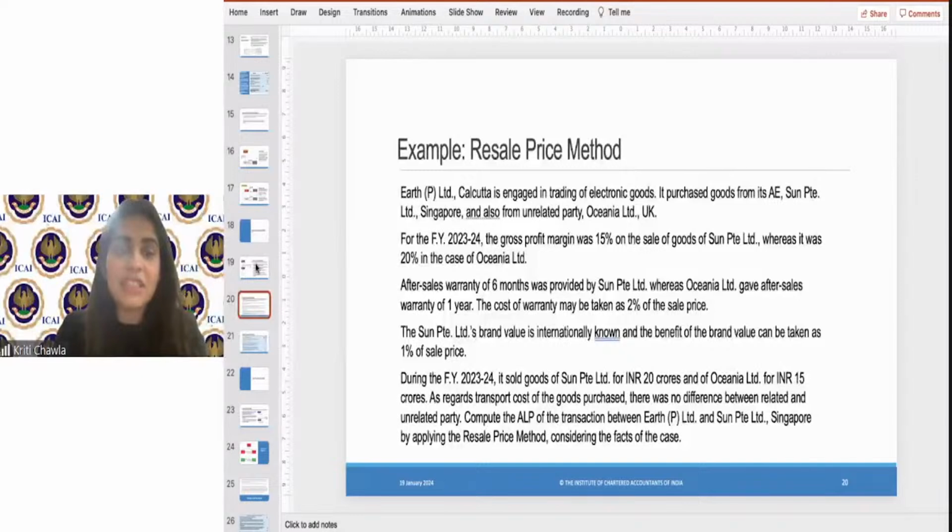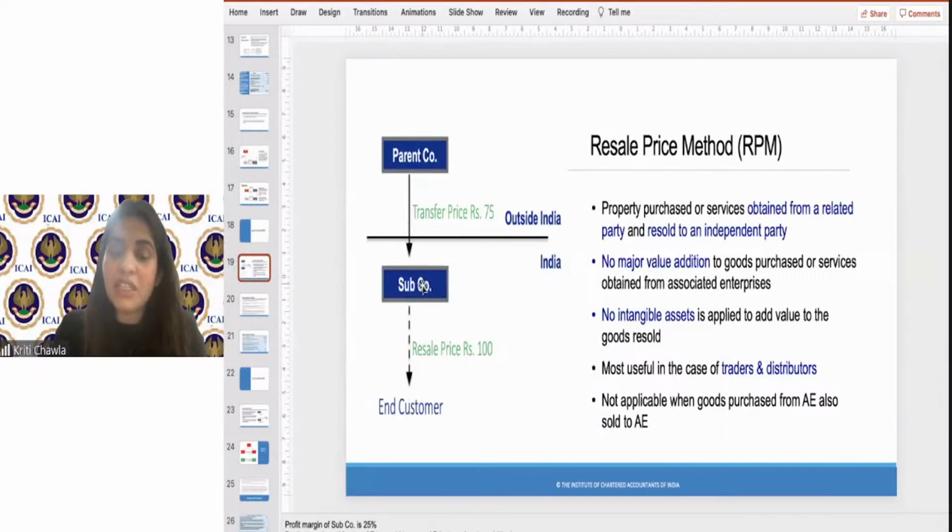So when Earth was purchasing goods from Sun Pte Limited, the margin was 15%, and when they did the same with non-related companies, the profit margin was 20%. That means we are not at ALP because we are earning a lesser profit margin than the unrelated situation.